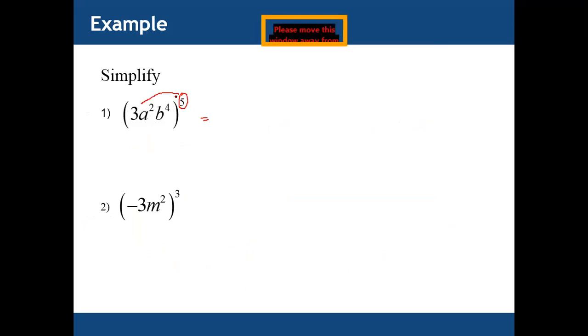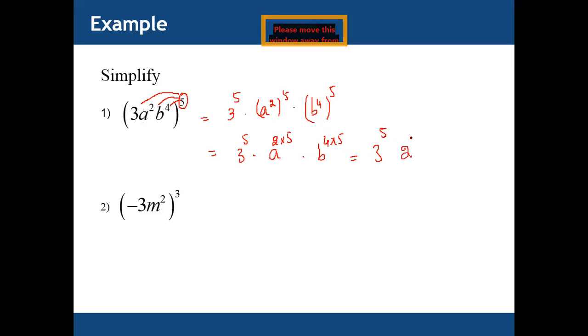You can write 5 for 3, 5 with a, and 5 with b. 3^5, we have (a^2)^5 and (b^4)^5. So 3^5, then a, 2 multiplied by 5, and for b we have 4 multiplied by 5. So 3^5, a^10, and b^20.